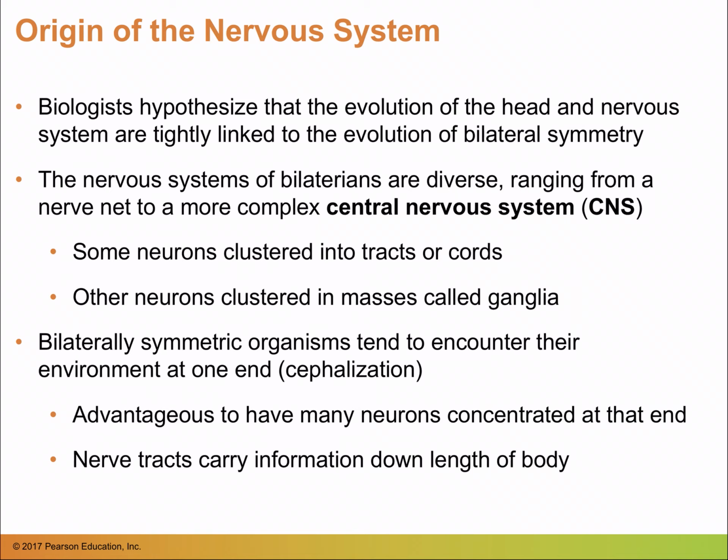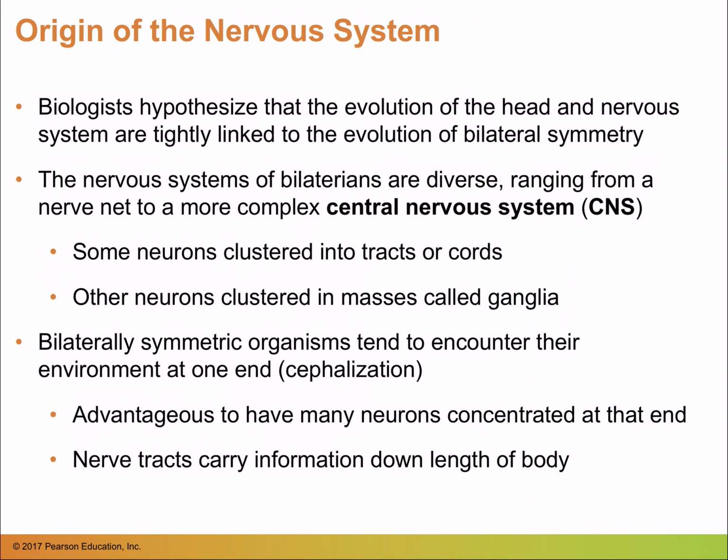So a nerve net is what you see in very simple, radially symmetric organisms, and it's all over. It looks like basically a net of neurons all around the body, whereas the central nervous system has neurons clustered together into more integrating centers, like a brain or a spinal cord, making up a central nervous system.